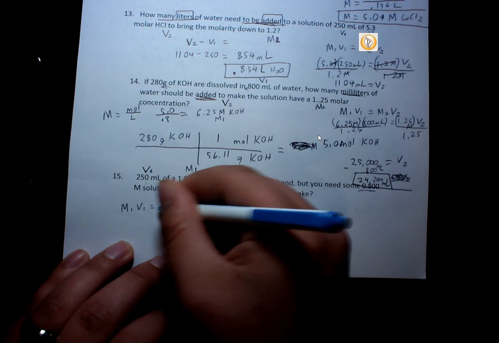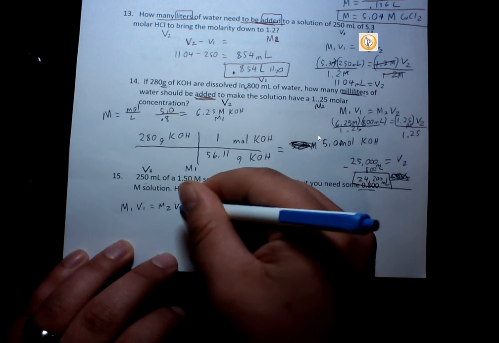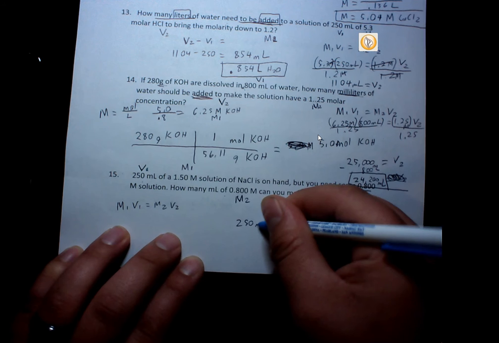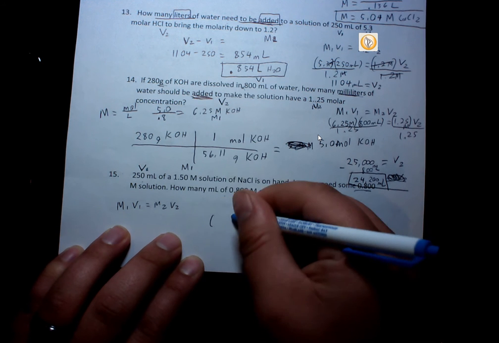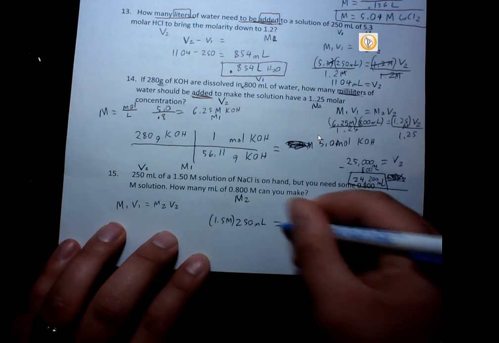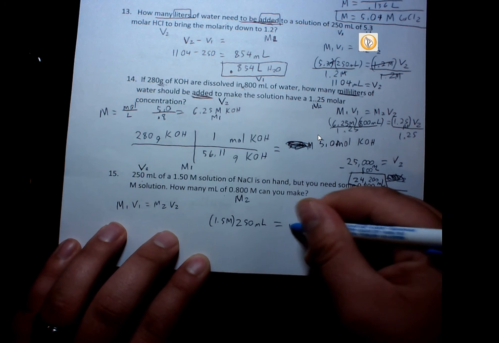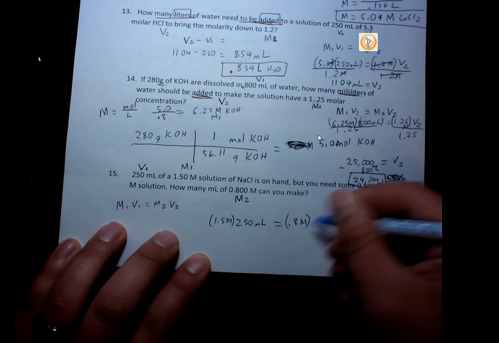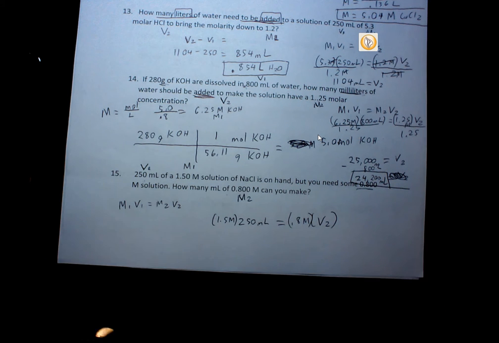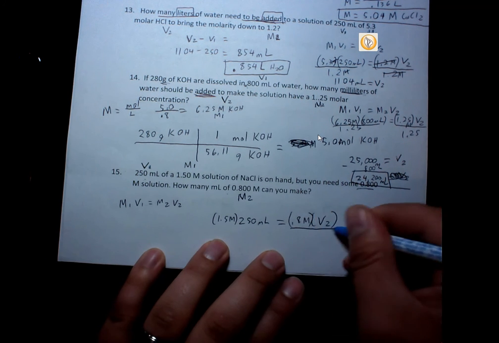M1V1 equals M2V2. 250 milliliters, 1.5 molar is equal to 0.8 molar times V2. So this one, it's not asking about adding, it's just literally asking for V2.